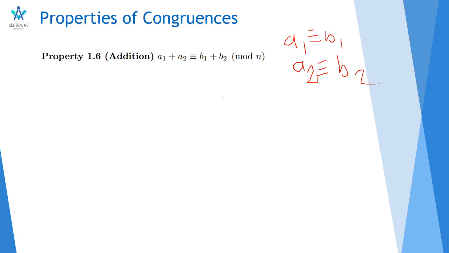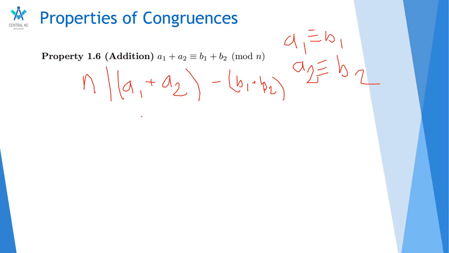If this were to hold true, we have to show that n divides into their difference. So A1 plus A2 minus B1 plus B2. Now let's actually subtract this.